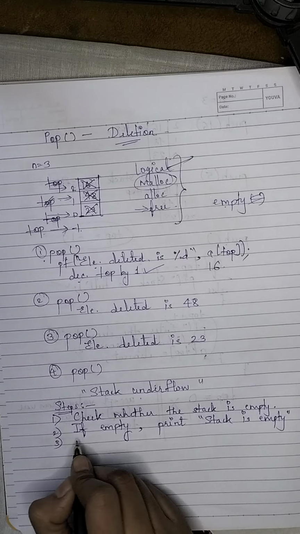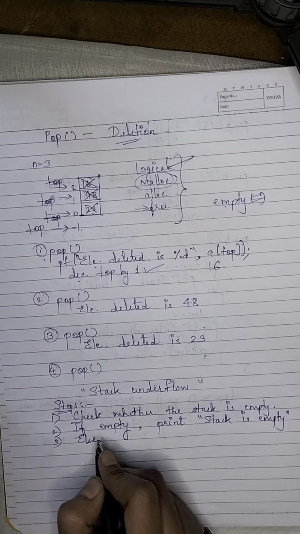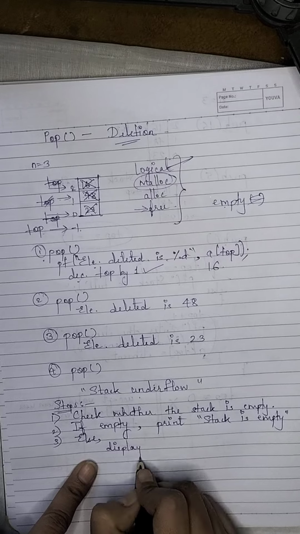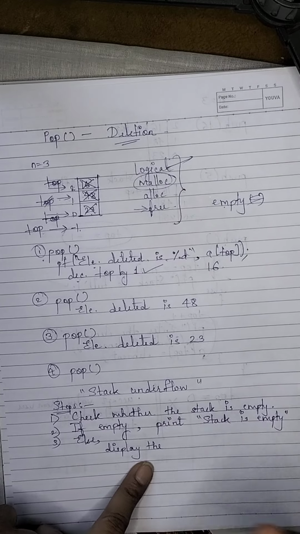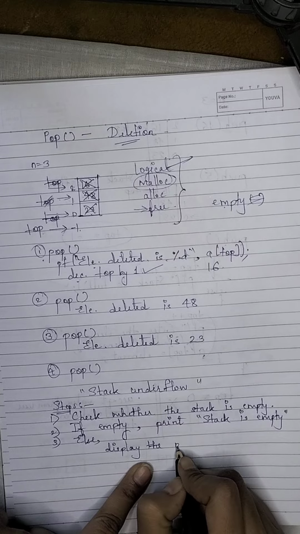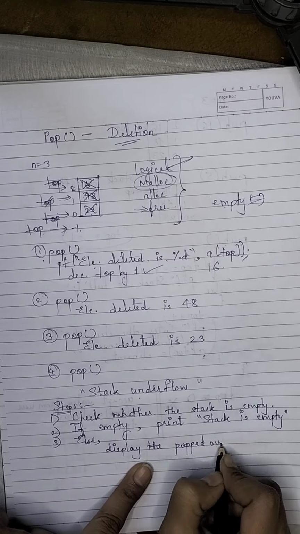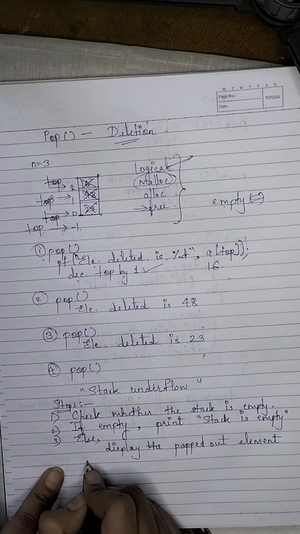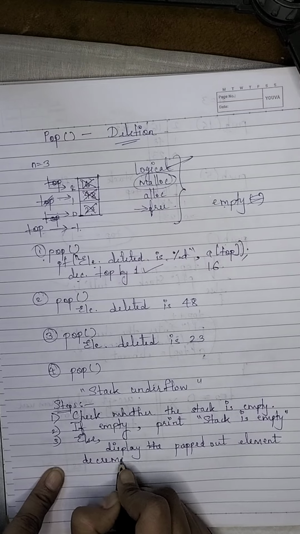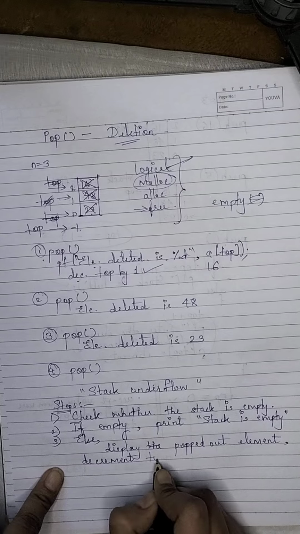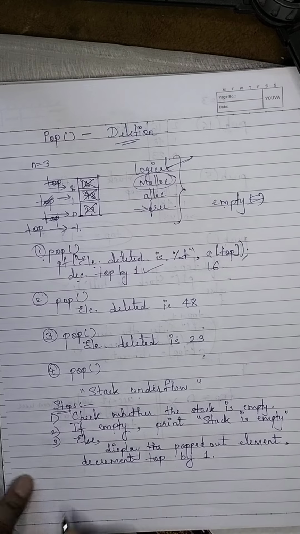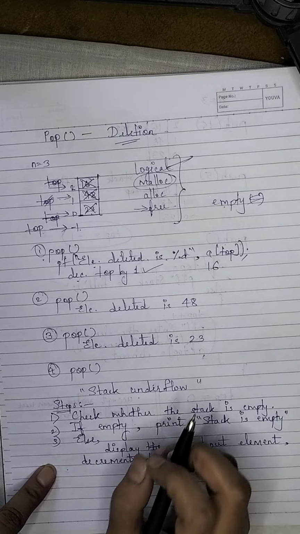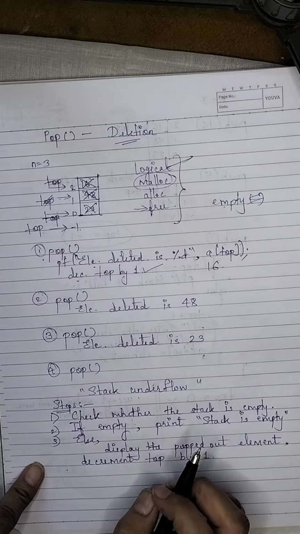And if not, which is to be written in the else part, then first display the popped out element, right? And then decrement top by 1. That's it. So these are only the 3 steps to be followed while performing the pop operation. Let us see this through one example.